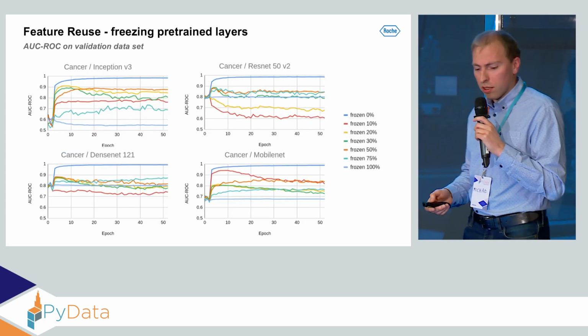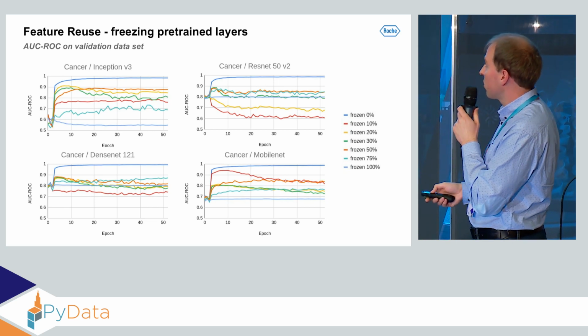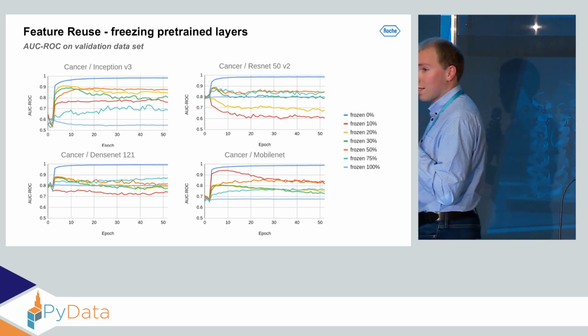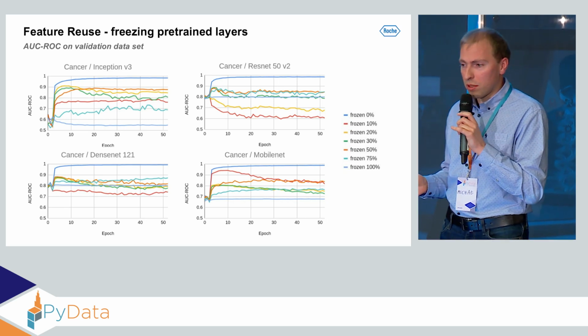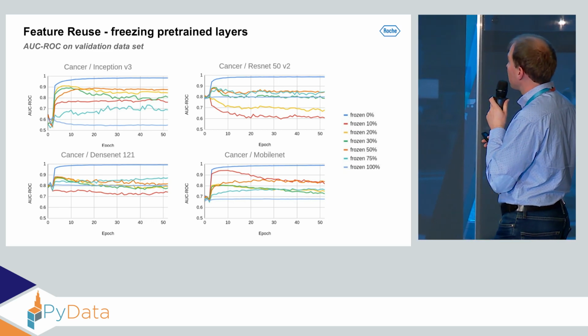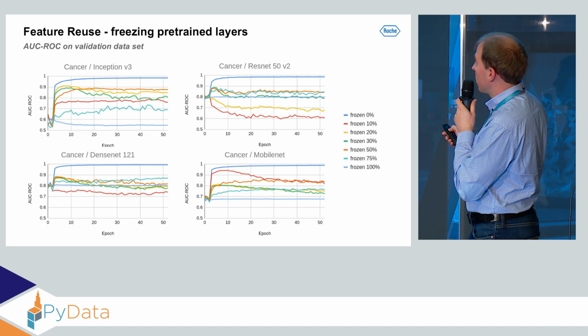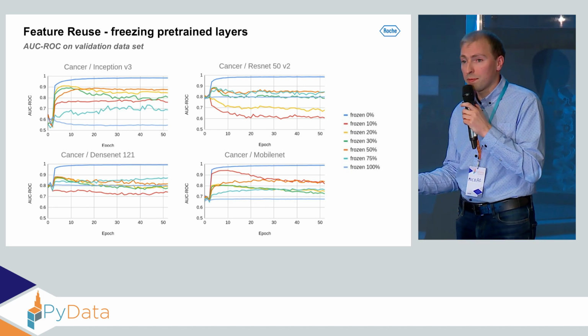What we can see here are validation curves for the cancer dataset. And first of all, it's plain to see that regardless of the network type, the best performance can only be achieved if we fine-tune all the layers.